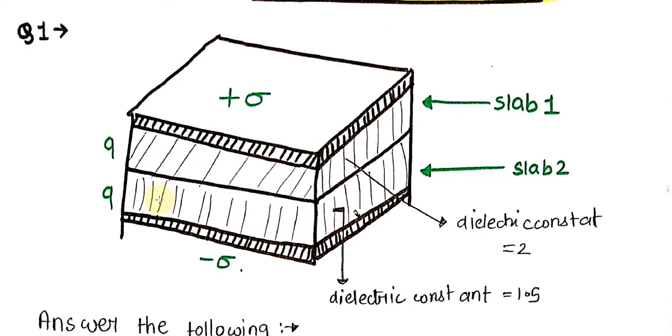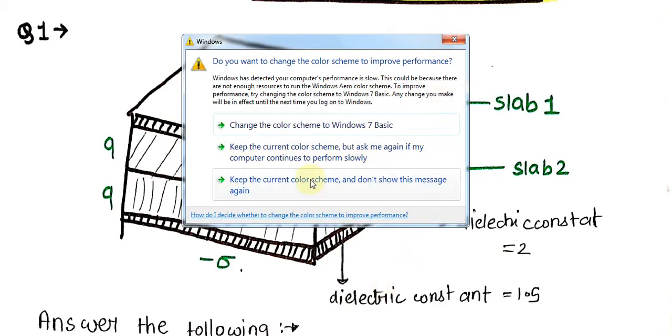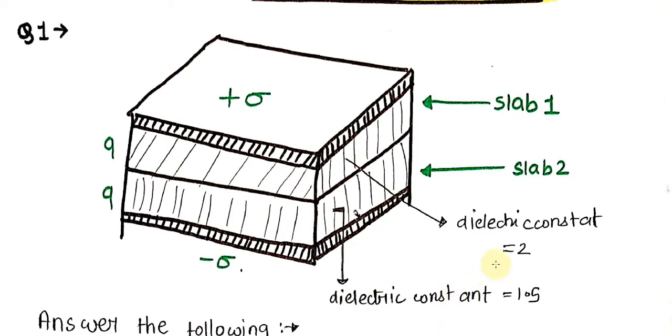So we got two slabs, each of length a, and they are both covered by the plates of a capacitor. We need to find the bound charges and the free charges present on the capacitor plate and the surface of the dielectric. So for slab 1 we got dielectric constant as 2, and for the other slab we got dielectric constant as 1.5.